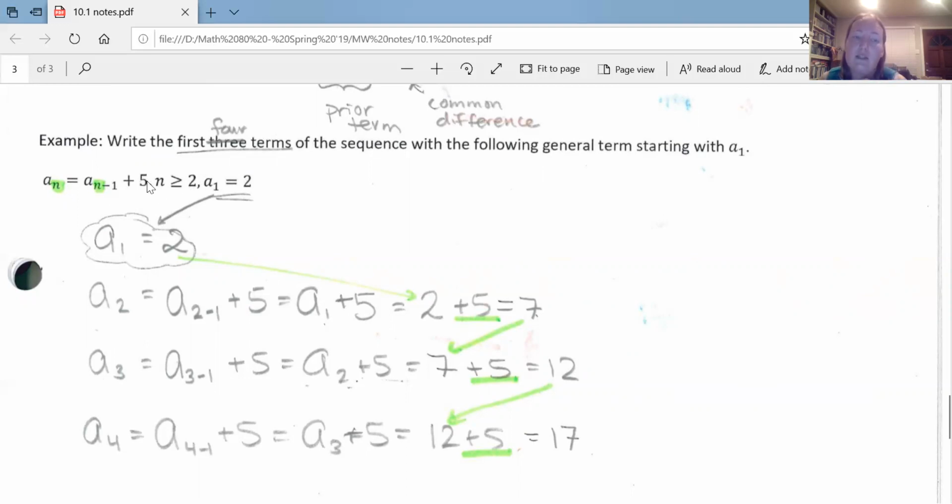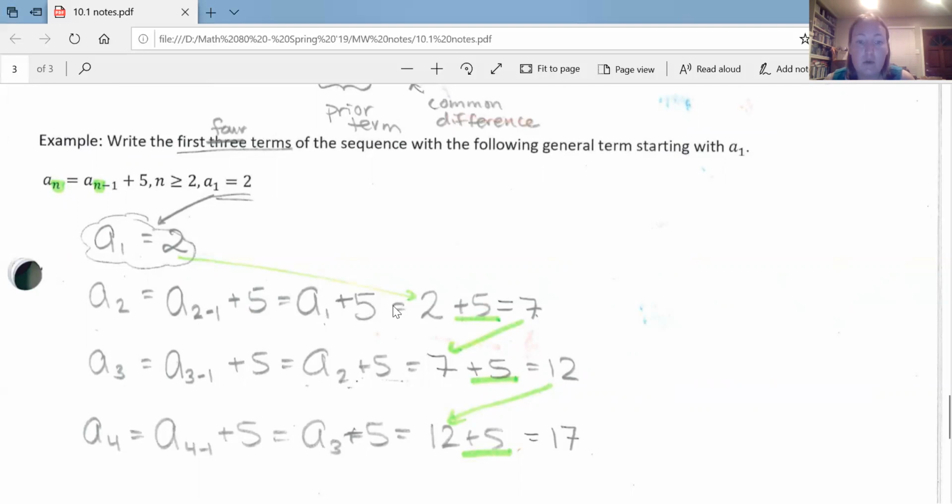So this is kind of just required for recursive formulas, it's often also written as n greater than 1. But again, since they're counting 1, 2, 3, it also could be written n greater than or equal to 2. So you take your prior term. So again, your term minus 1, so that ends up being a sub 1, which is the prior term.